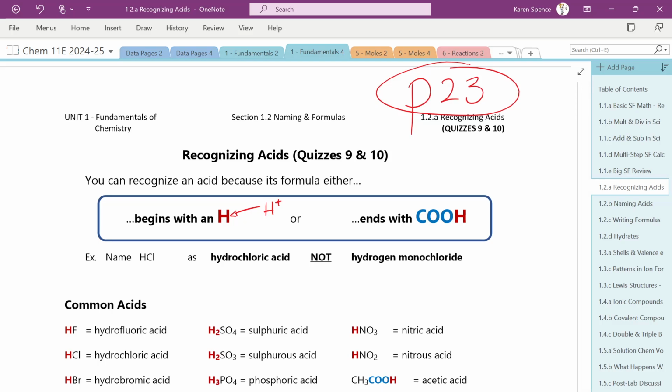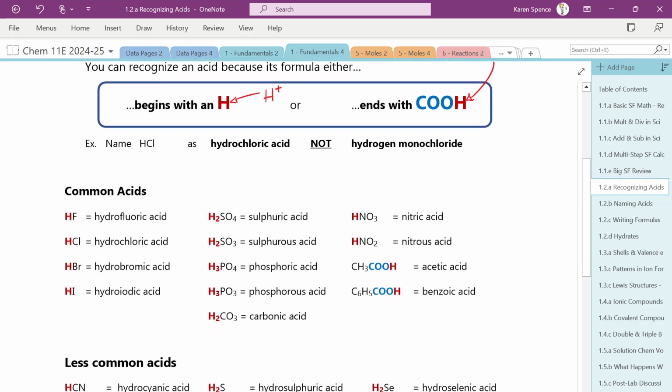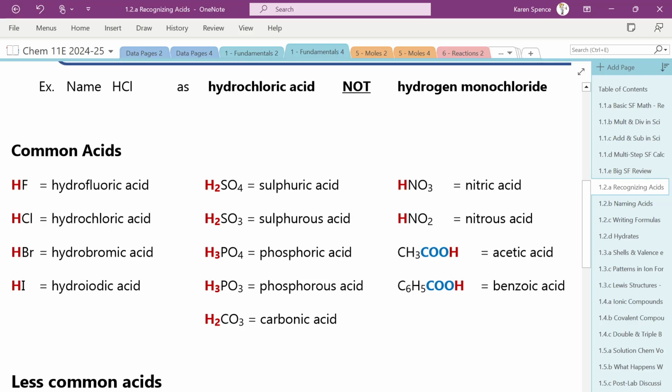Or it ends in COOH, and this H right here is the one that is the H plus, okay? So if you're looking at the formula, you're either going to see an H or a couple of H's at the beginning, or you're going to see a COO with an H at the end, okay?